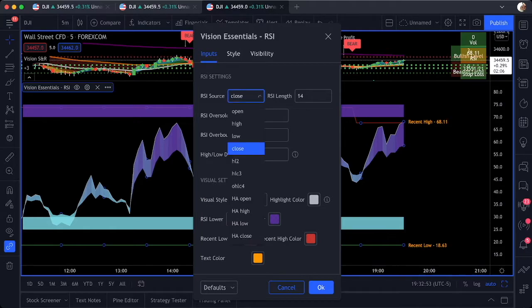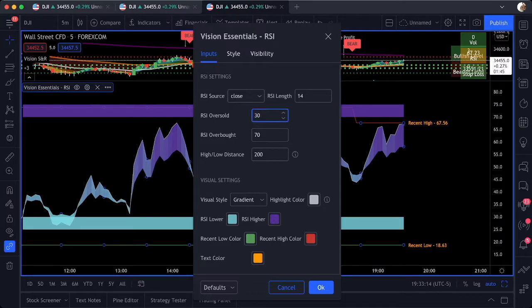So, honestly, with my RSI source, I'm going to leave it at basically factory setting because I don't want to mess with that. Same with my length, and I pretty much leave my RSI oversold and overbought at 30/70.